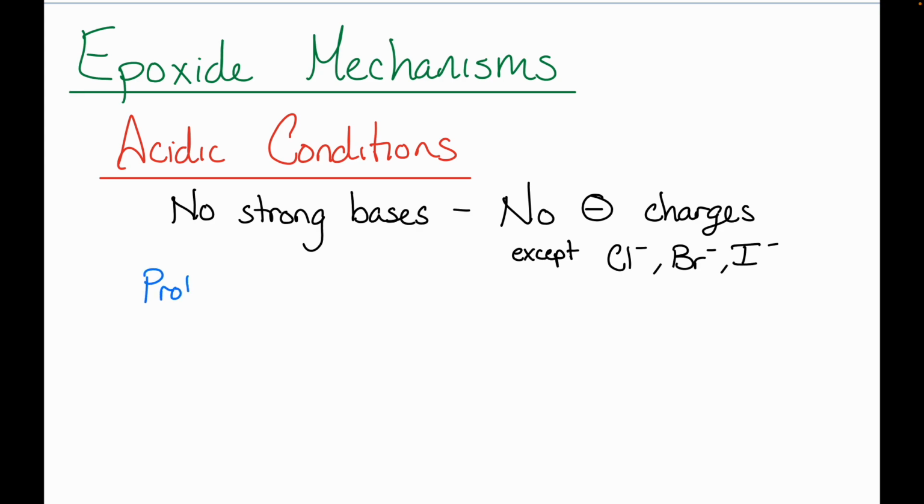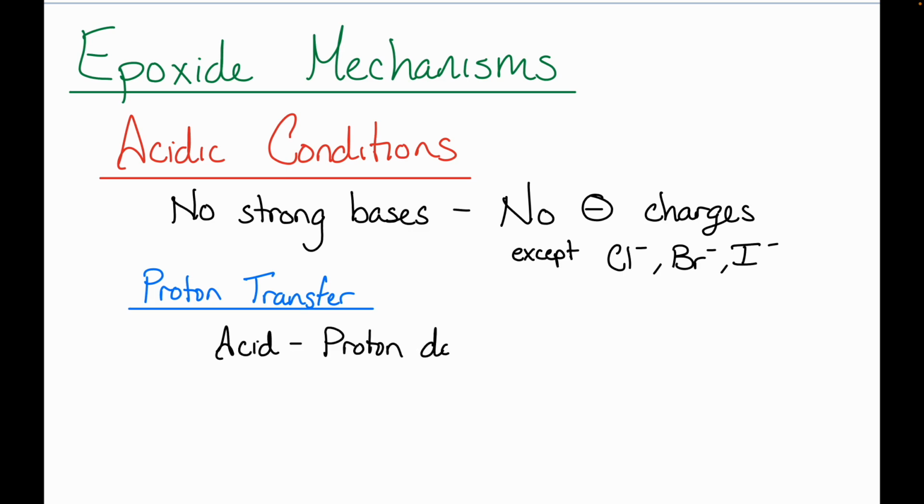All right, and like before, we're going to need to do some proton transfer steps. So again, we're going to want to use an acid or a proton donor. Now we're allowed to have strong acids under acidic conditions, so we can use that strong acid, that hydronium ion.